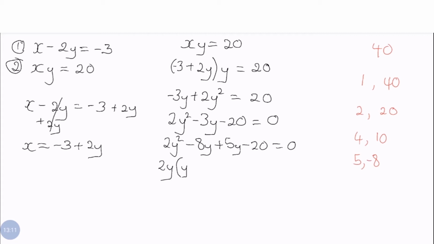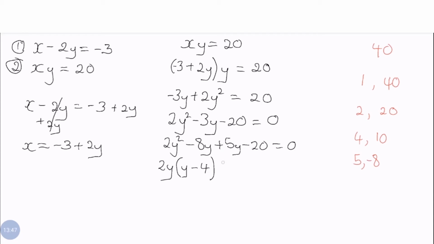Then let us move on to negative 8y. In order to get negative 8y, we have to multiply 2y with minus 4. So 2y multiplied by minus 4, we get minus 8y. Then we close our bracket.